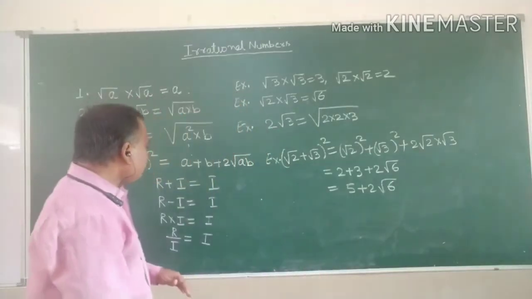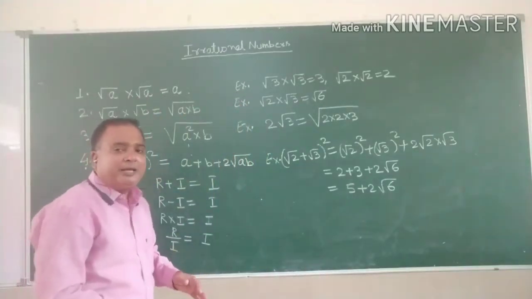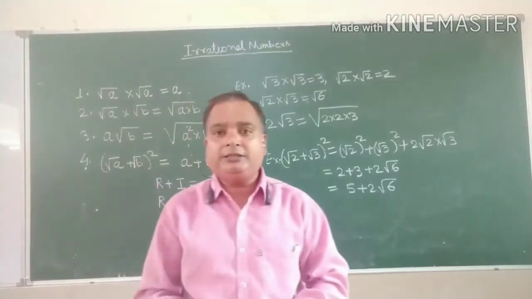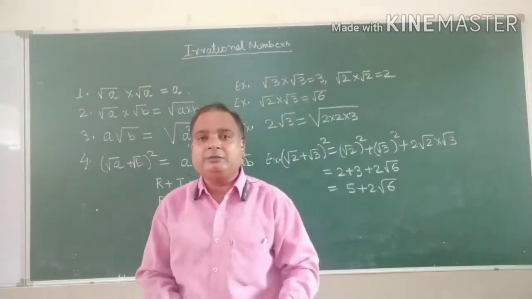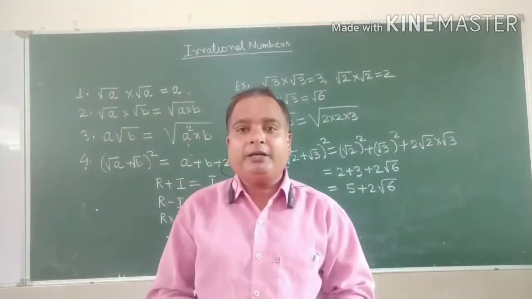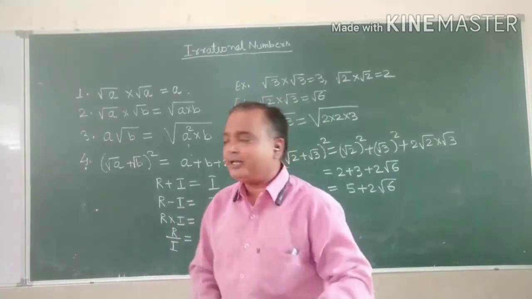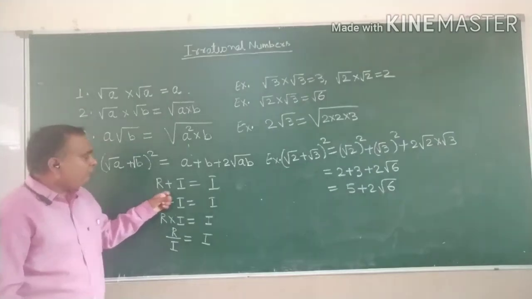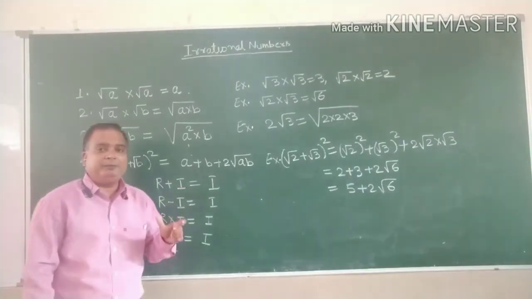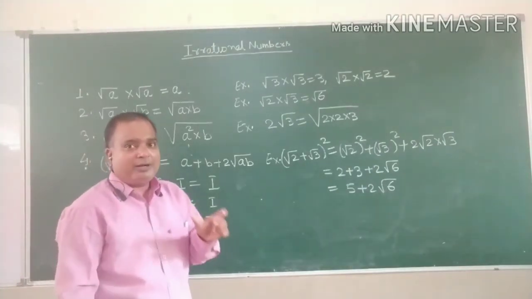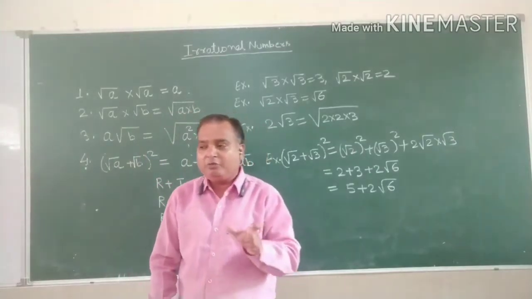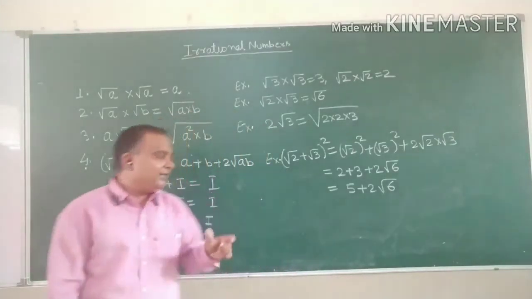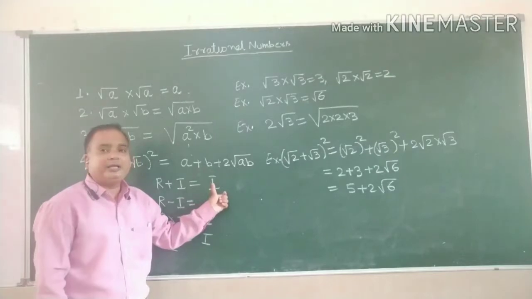Same, we can check whether we multiply irrational numbers with irrational numbers or irrational numbers with rational numbers. Then what is the resulting number? Is it rational or irrational? If I add one rational number with one irrational number, then the resulting number will be irrational.